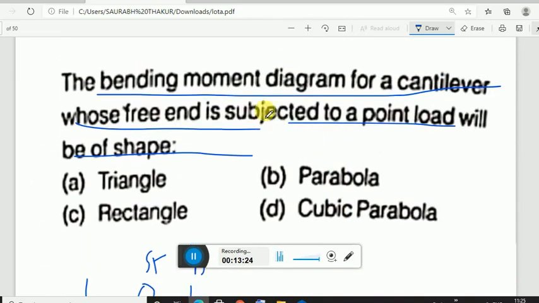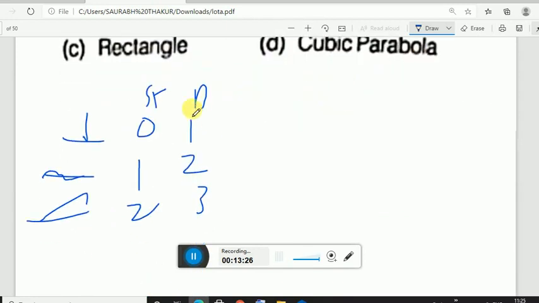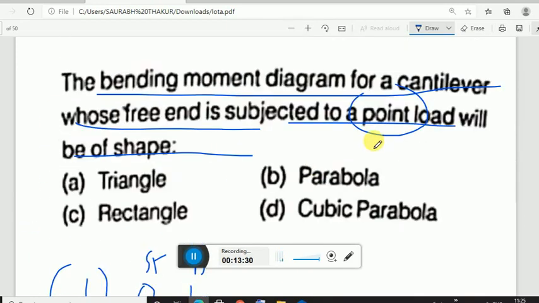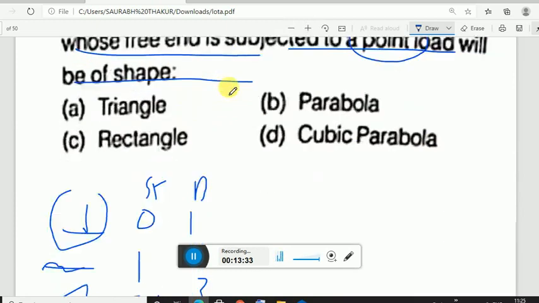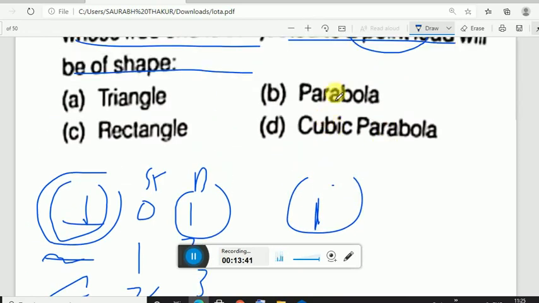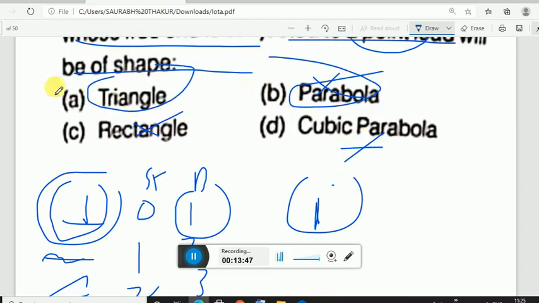The question is given that point load, and it is talking about drawing the bending moment diagram. That would be 1 degree. Means you can say parabola, rectangle, cubic parabola, triangle. Your correct answer would be triangle.